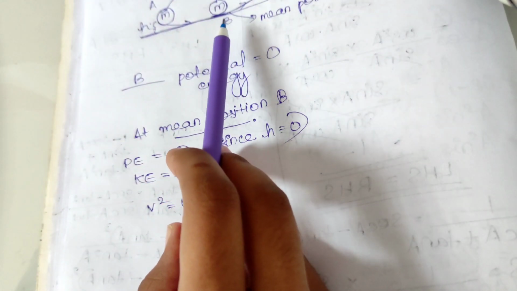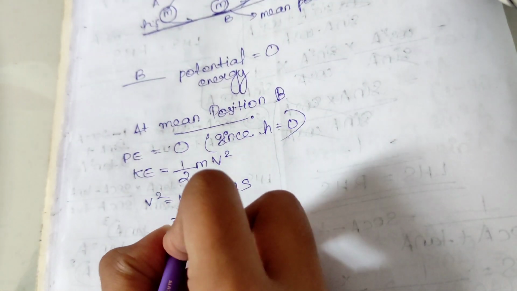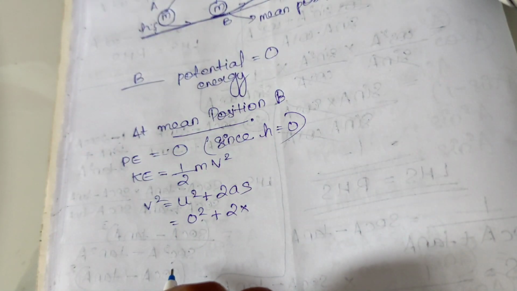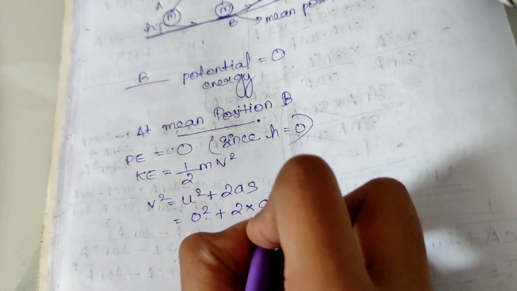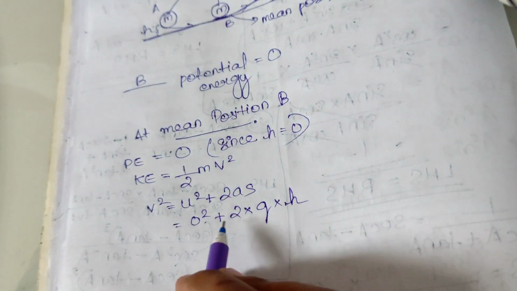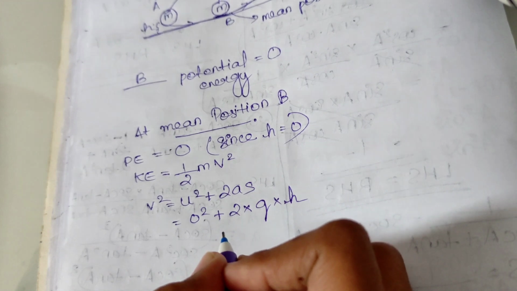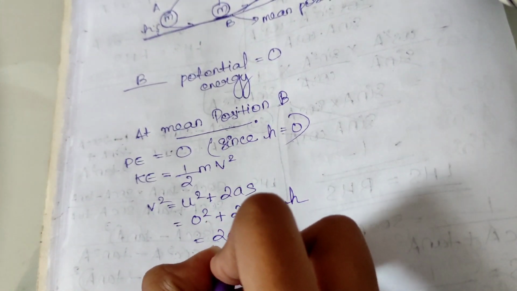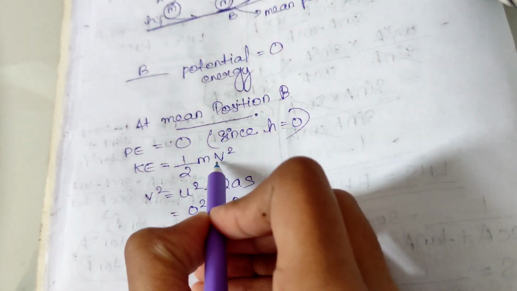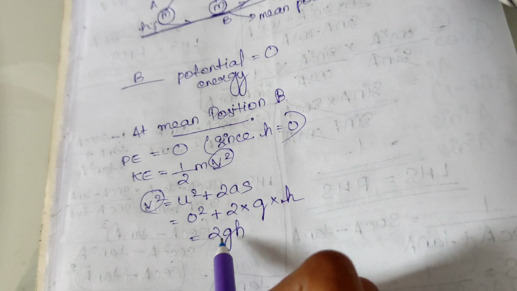The bob is at rest position, which means initial velocity is 0. So 0 square plus 2 into, what is the acceleration here? Acceleration due to gravity, that is g, into height. Displacement means h. So v square is equal to 2gh. So we found v square.